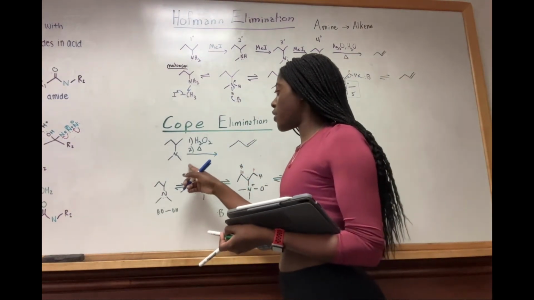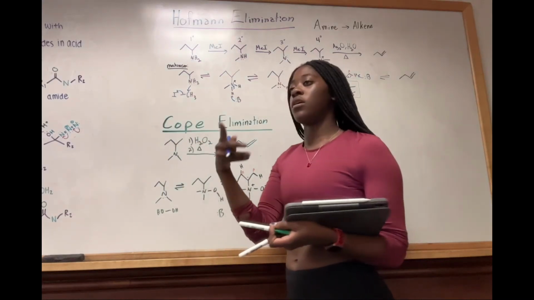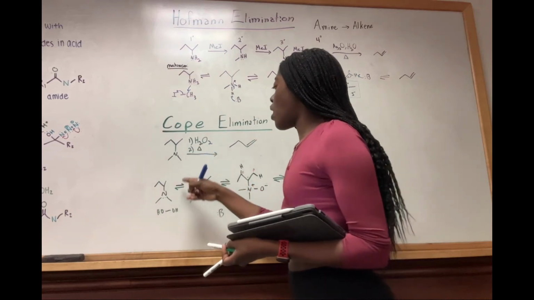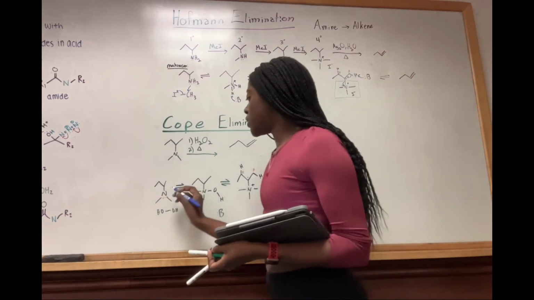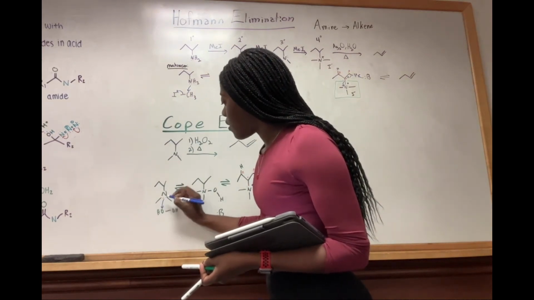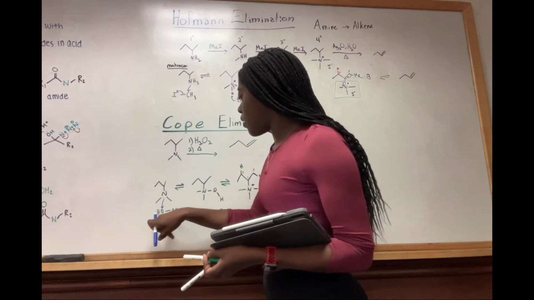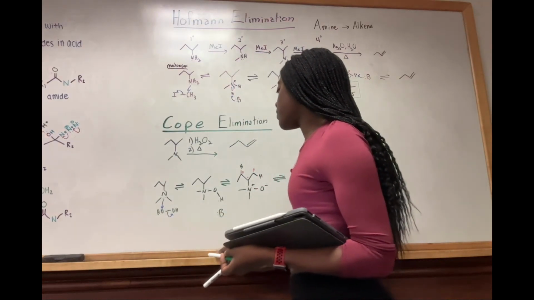So with the Cope elimination, we can use hydrogen peroxide or mCPBA to oxidize the tertiary amine. We can take the electrons on that nitrogen to attack the O of the hydrogen peroxide, and then those electrons can go to the other OH.